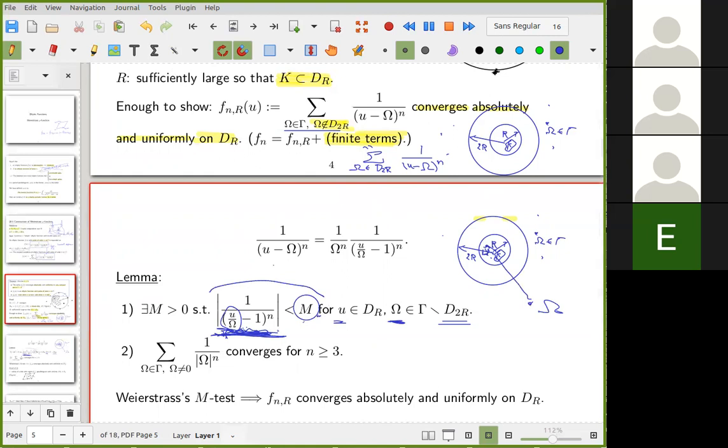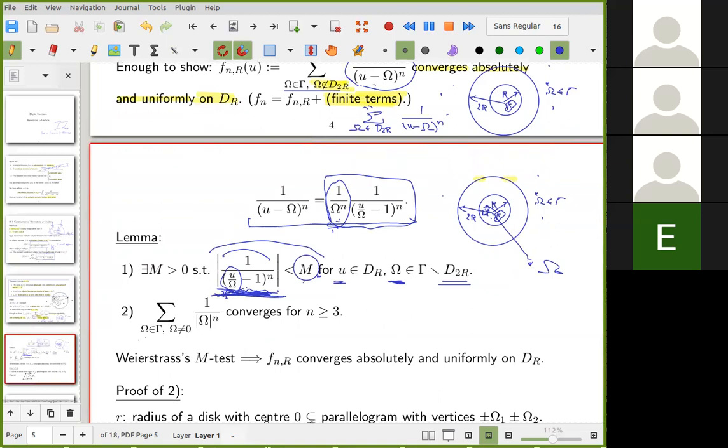And since each term of this series is a product of such a function and this constant, we have only to estimate this series.